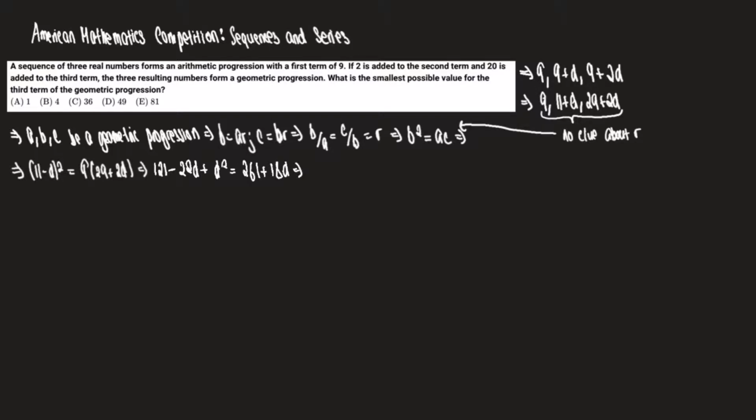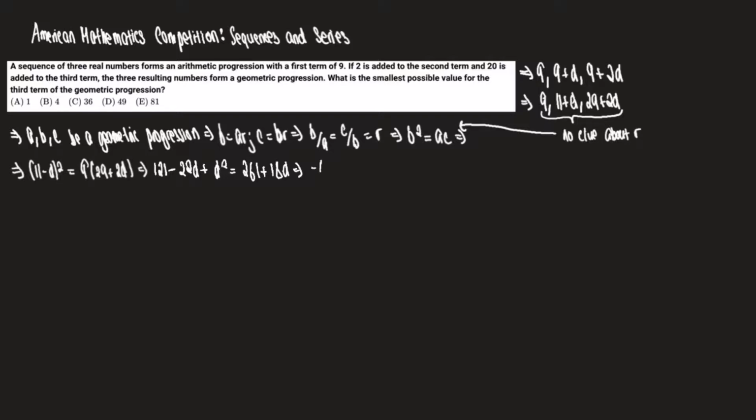All right, so what we can do here is we can combine everything and let's move 261 and 18D to the other side. So what we get is negative 22 minus 18, that's going to be negative 40D.